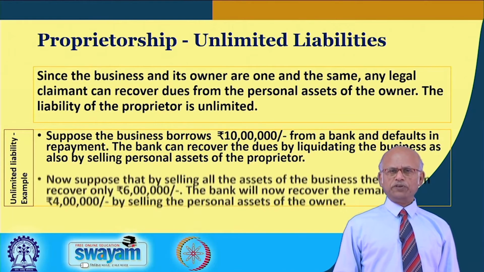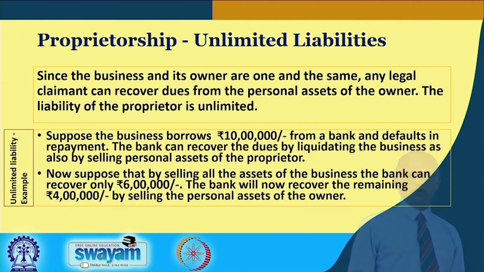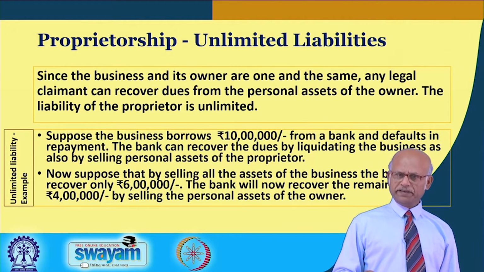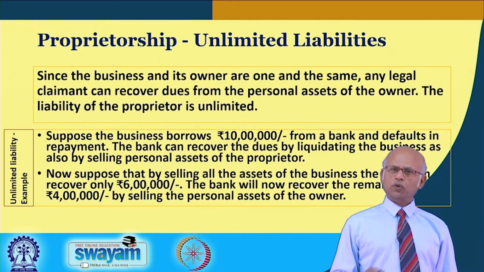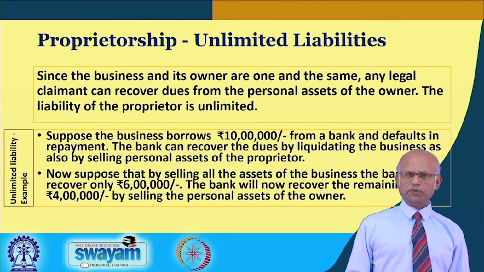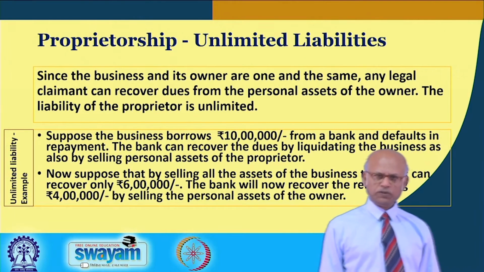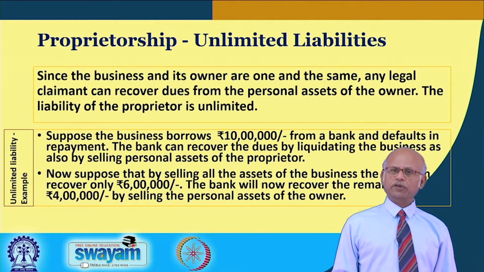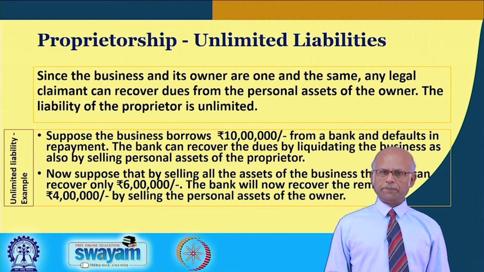Now, the bank will try to recover the money. The first source for recovering the money is selling the assets of the business. Suppose by selling the assets of the business, the bank is able to recover only 6 lakh rupees. Now, the bank will lay their hands on the personal assets of the owner or proprietor to recover the remaining 4 lakh rupees. If the owner has a house or any other property, the bank will try to liquidate that and get the remaining 4 lakh.